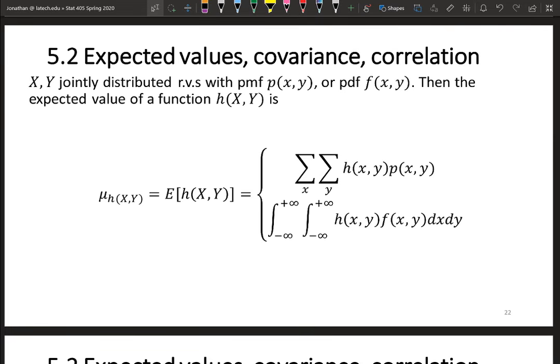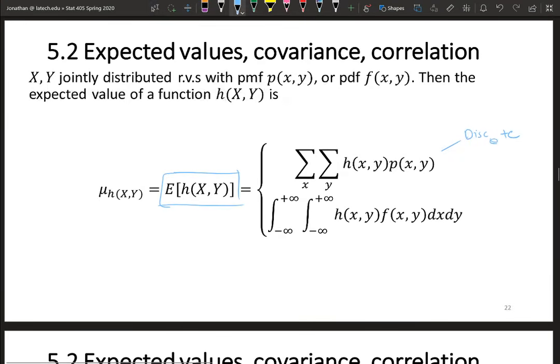Okay, now expected values. So the expected values of functions right here, expected value of a function h of x, or h of x and y, depending on if it's discrete or continuous. It's pretty much the same game.